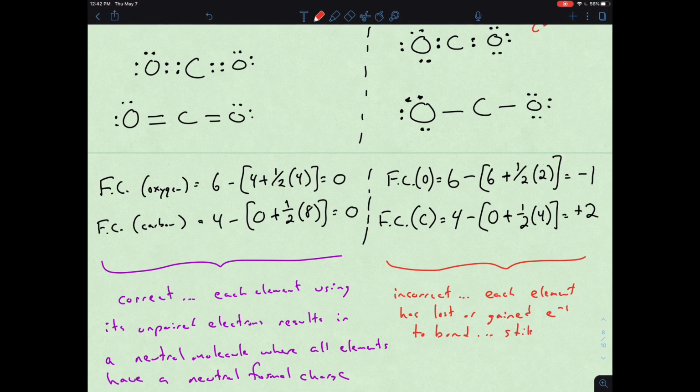Still a neutral molecule if we consider it, right? If we consider the charges that we have. Right, this is still neutral. But we have an excess of formal charge.